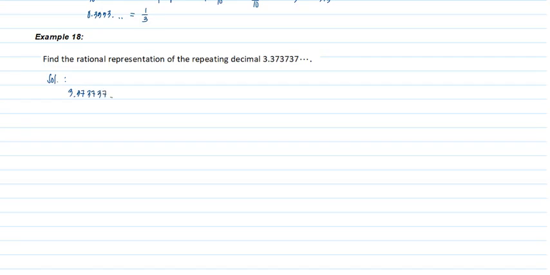So, our 3.373737 can be expressed as 3 plus 0.37 plus 0.0037 plus 0.000037. And then, there are more numbers after that. So, we could express it like that.